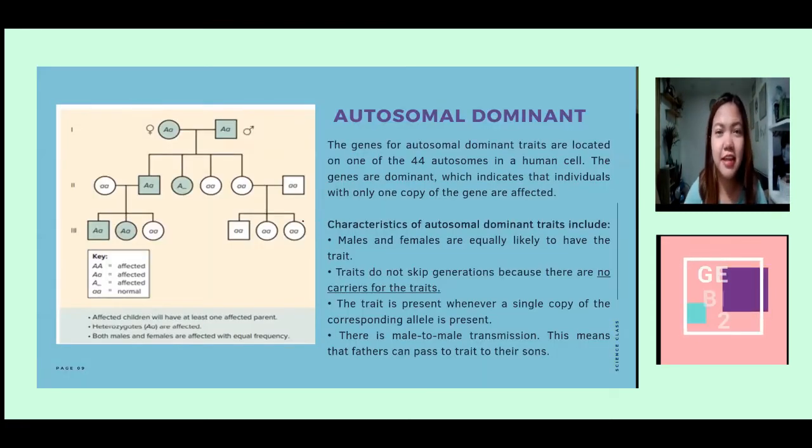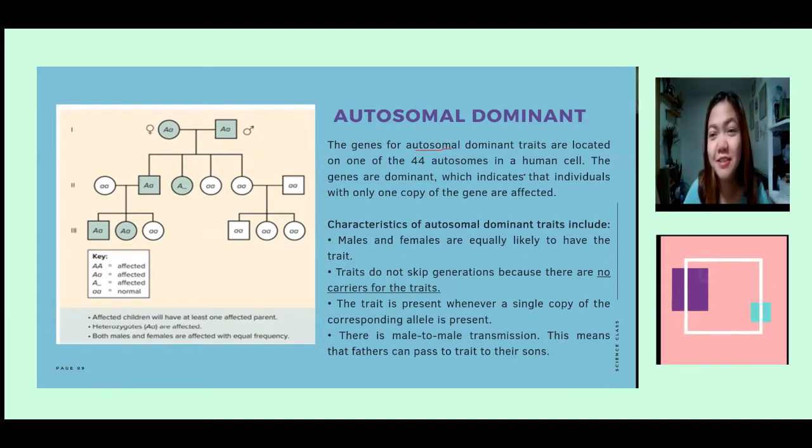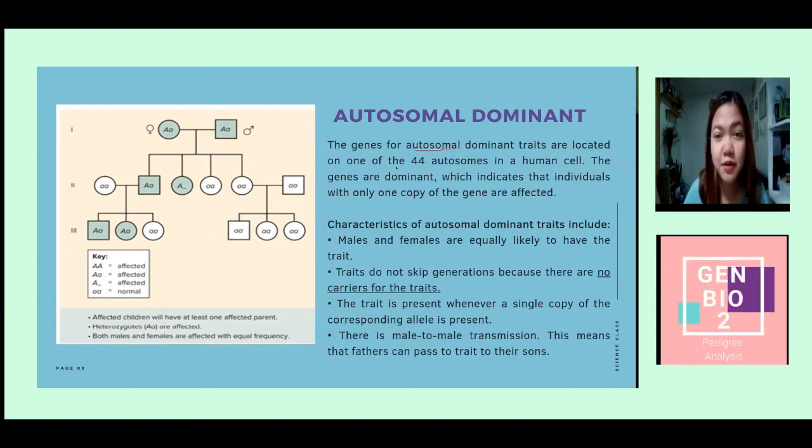Okay? So, start tayo sa autosomal dominant pattern of inheritance. The genes for autosomal dominant traits are located on one of the 44 autosomes.